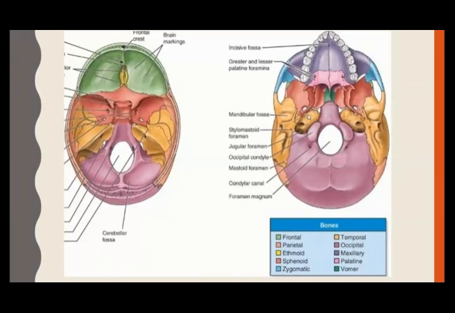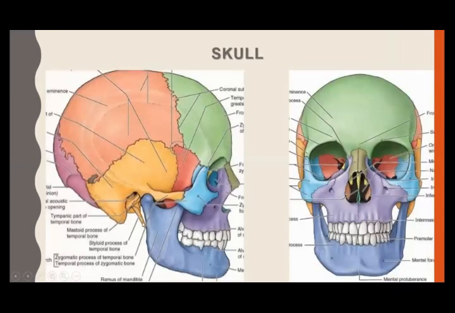This is once again the petrous temporal bone. Now look, this is the styloid process. This is the mastoid process, the same one we saw here. Mastoid process, styloid process. This is the external auditory meatus.